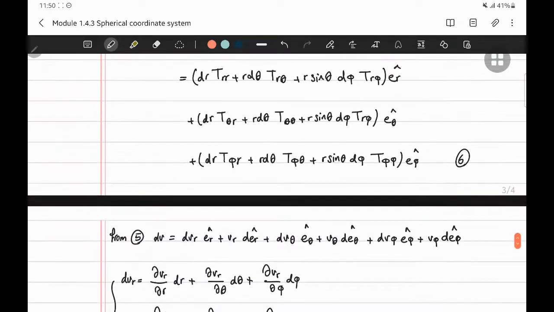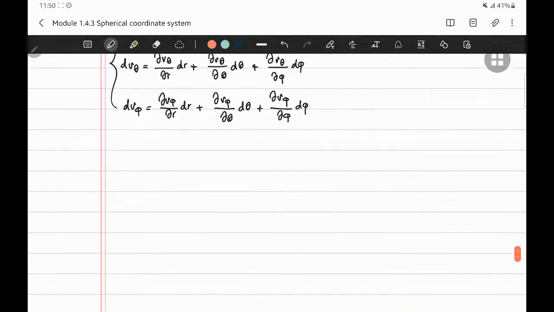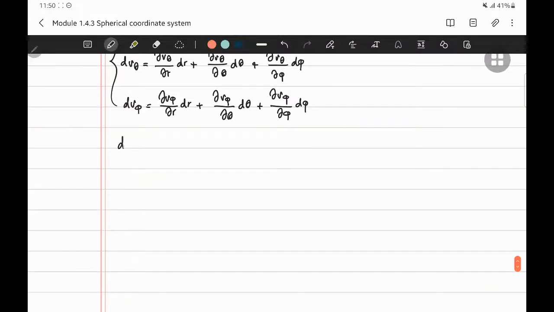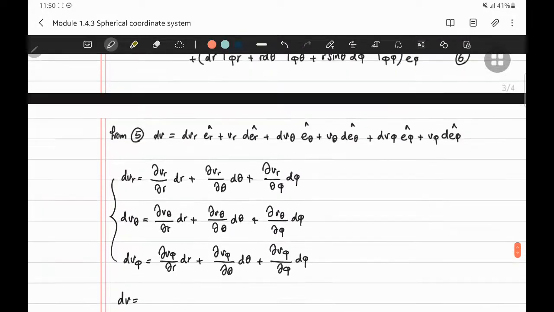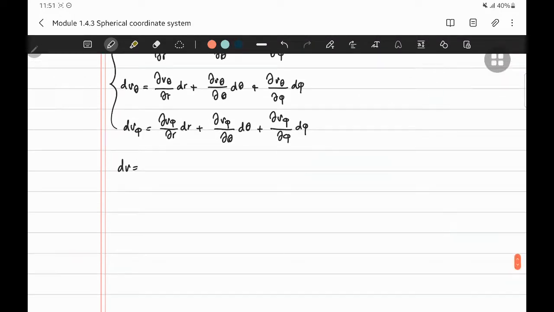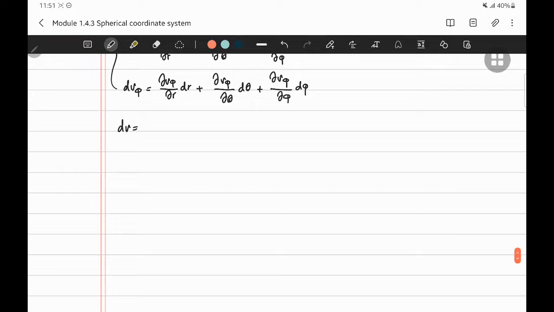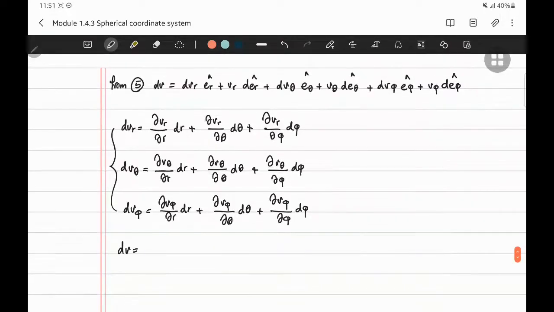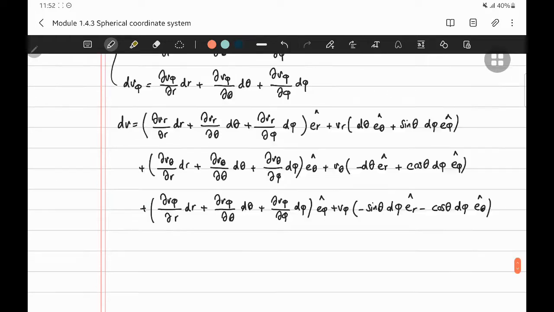So now I can have my dv here. I plug in these expressions from this set into this expression to get dv. I just pause the video and write the whole expression.